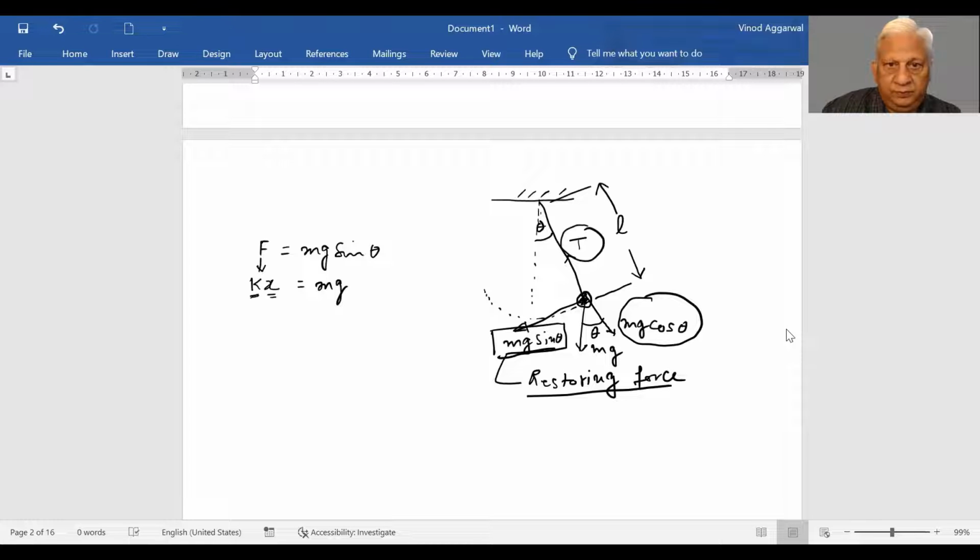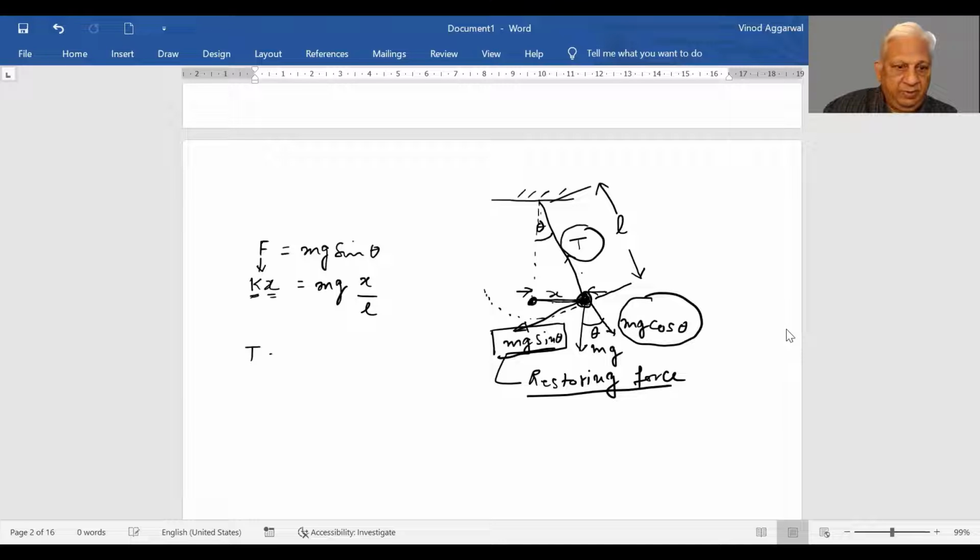Suppose we moved our bob from here to here, the displacement is this much, x. So sin theta will be perpendicular upon hypotenuse, which will be x by L, right?